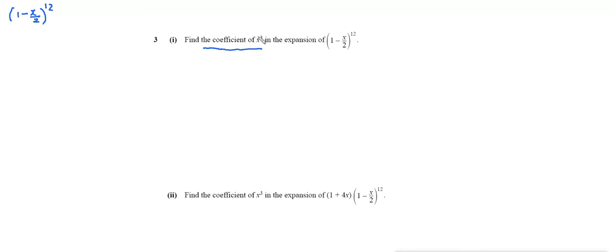Remember in my earlier video, I always say that x3 term actually means it should be the 4th term. As I explained earlier, the power of the x term is always one term shorter than the actual term. So you must find the 4th term.